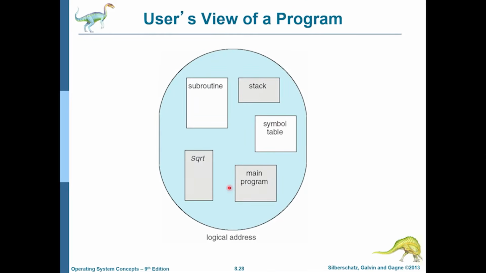Now this is how your program looks to you. There is a subroutine here, there is a stack, there is a square root function over here, the main program is right here, there is a symbol table, and these are all bound by the logical addresses that your program will generate. The CPU will generate addresses, and those are logical addresses.